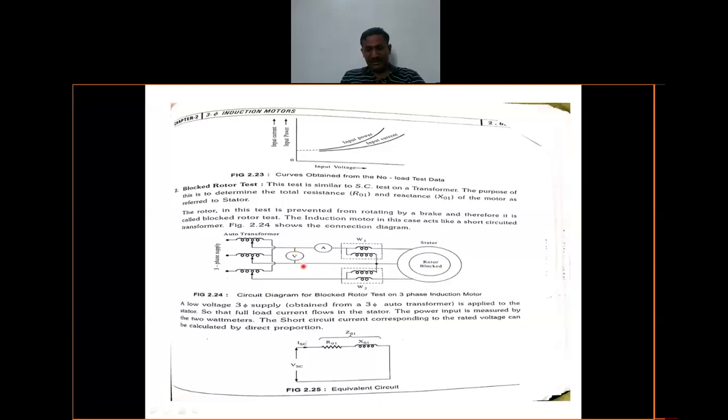What is that main precaution? With the help of the auto transformer, vary it up to rated current just to note down all the readings.